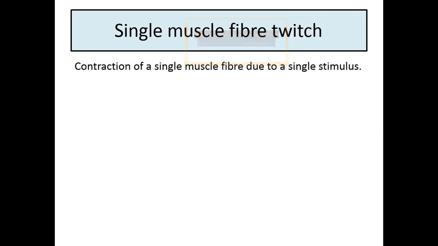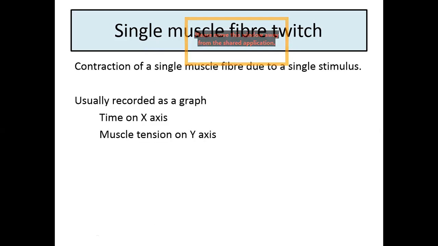When we take a nerve muscle preparation and apply a stimulus, a contraction is observed in the single muscle fiber, and that is called the single muscle fiber twitch. Now, we can plot the graph when we record this experimentally, with the x-axis and the y-axis.